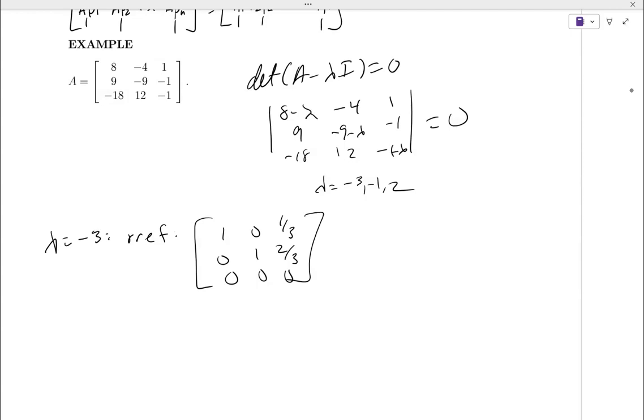If you row reduce and you get the identity matrix, you don't have an eigenvalue. Okay? The eigenvalue needs to create non-trivial solutions to the homogeneous system. If you get the identity matrix, you don't get non-trivial solutions. So if you plug an eigenvalue in, or what you think is an eigenvalue, and you get the identity matrix, you don't have an eigenvalue. One of the reasons I'm emphasizing that is an error I see quite a bit. So make sure that you get non-trivial solutions.